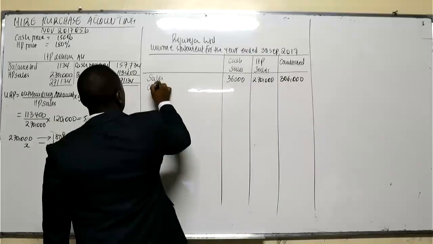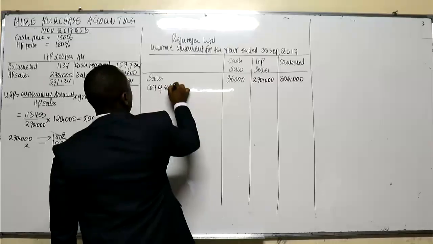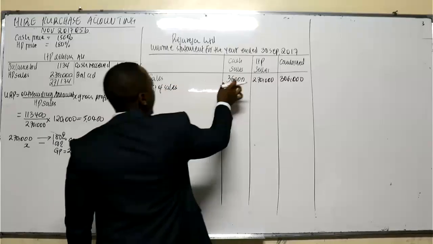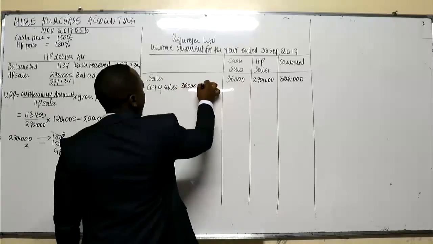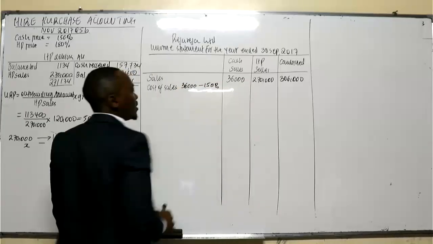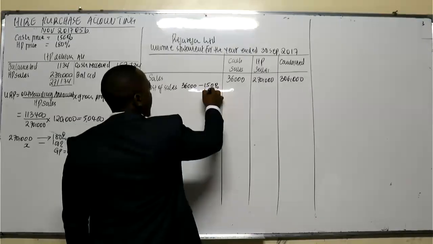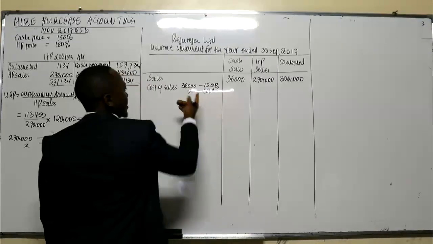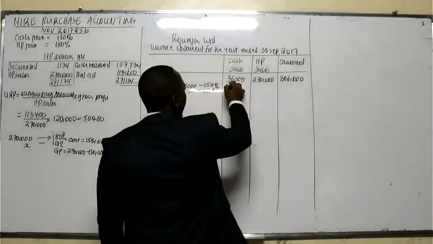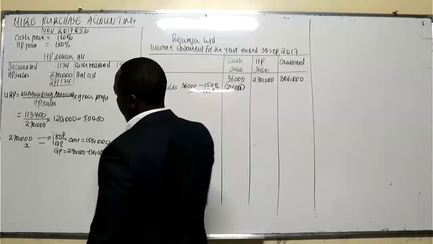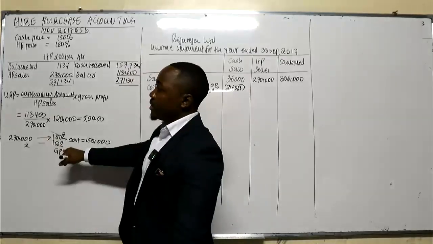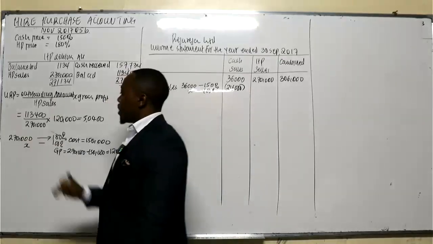Then you deduct the cost of sales. For the cost of sales, we start with the cash sales. 36,000 is equivalent to 150%. What about 100%? Is it 24? Then for the hire purchase sales, we already have it. For the hire purchase, 270 is the same as 180.